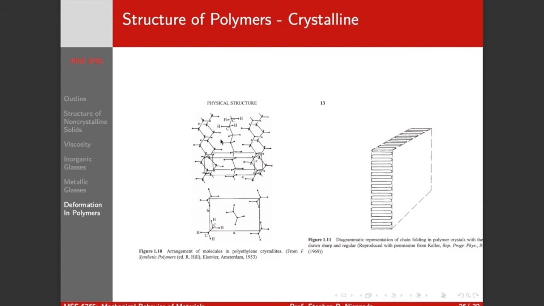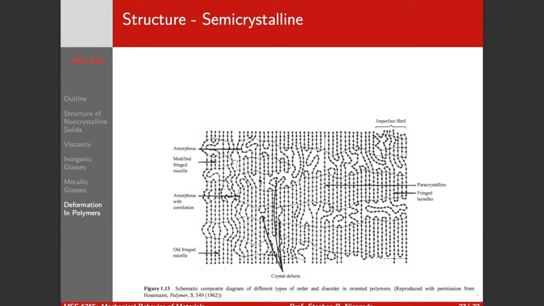So we can't get a cubic polymer crystal because of the differences in bonding. And these chains tend to fold back and forth, and you get these lamellar-like crystalline regions here. And we've got a whole bunch of defects, amorphous regions. We can have dislocations in our crystalline regions.